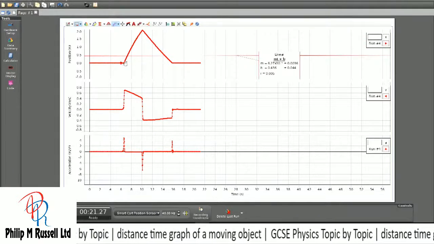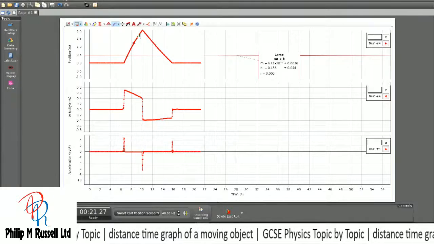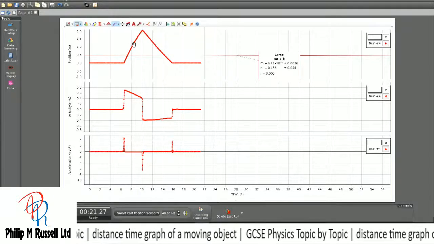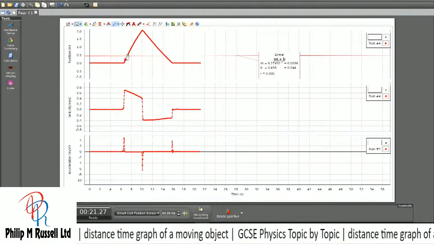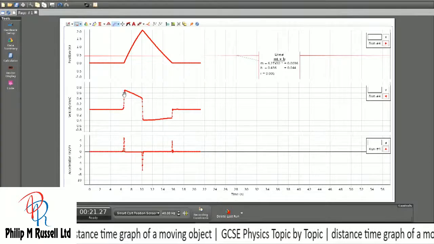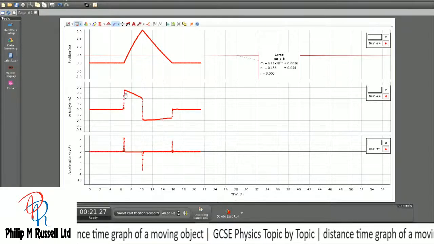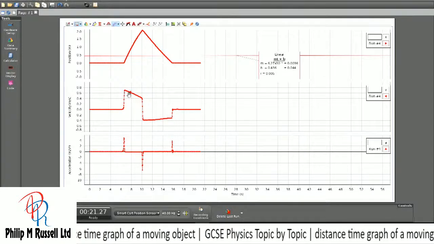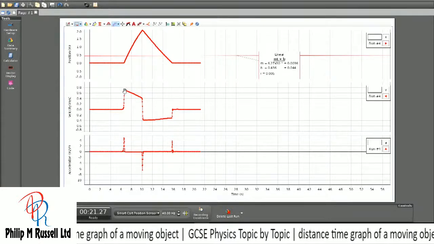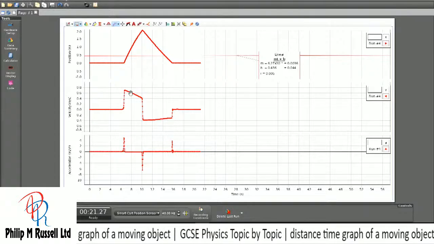We can see we've got a velocity here, and what we can actually do is measure the steepness of this to give us our velocity. I don't need to bother because I've actually taken the velocity graph as well, and we can work out what the velocity is here in meters per second.